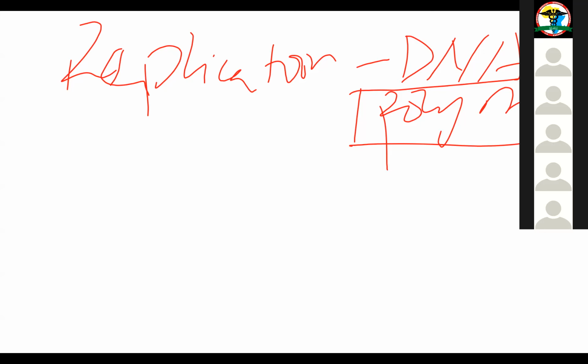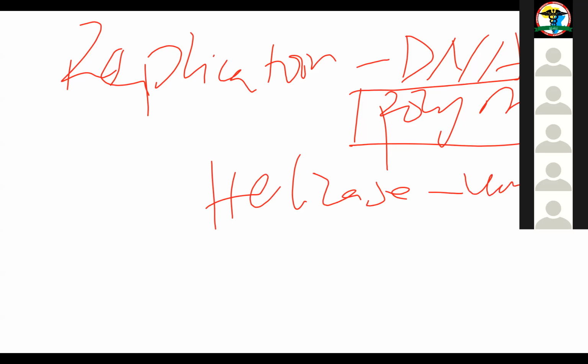There are other enzymes involved, like helicase. Helicase is responsible for unwinding the tight chromosomes, the tight DNA. Then we have topoisomerase.